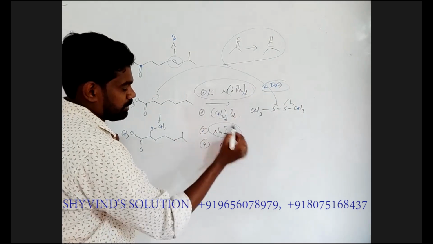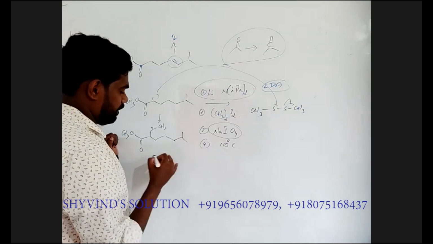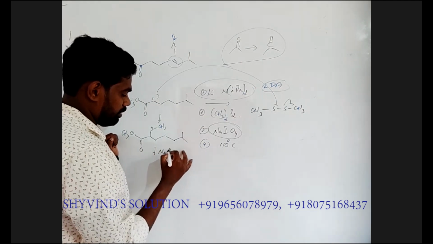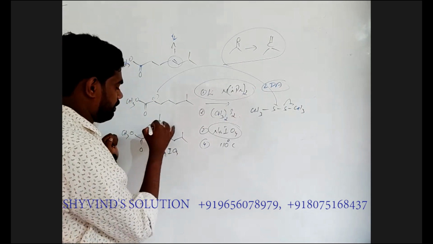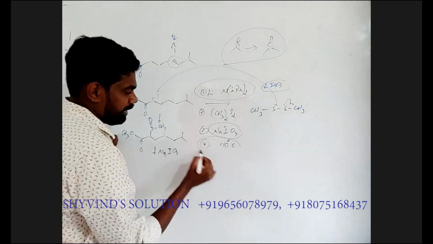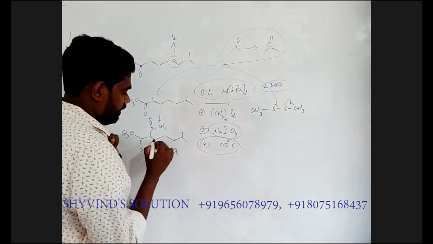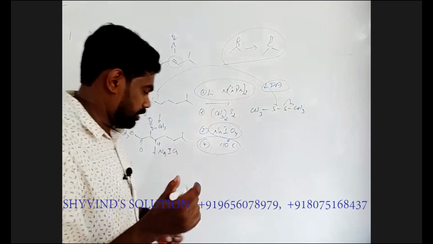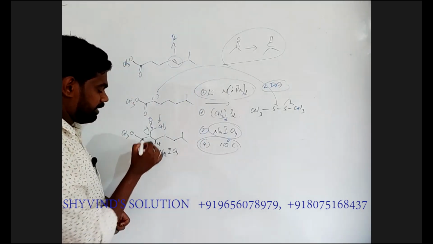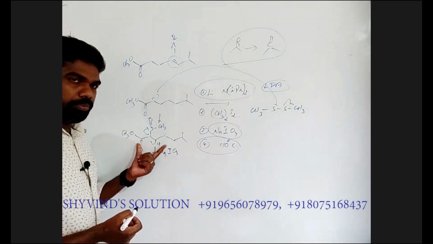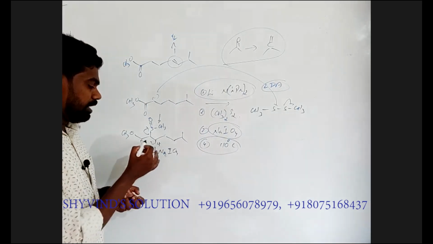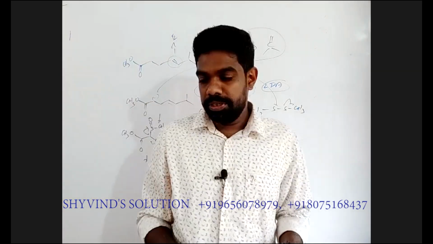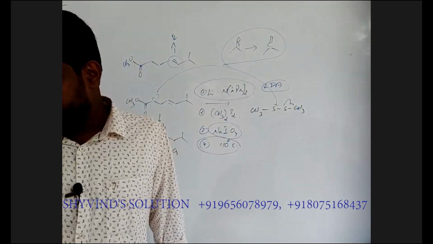Now we are oxidizing this one. If we are treating with NaIO4, it will become sulfur double bond O. Now if we are heating this one, it will undergo syn elimination. Sulfur will undergo syn elimination. You should remember that. It will give you the product, so the double bond will be here, not here. So the answer is option 2.